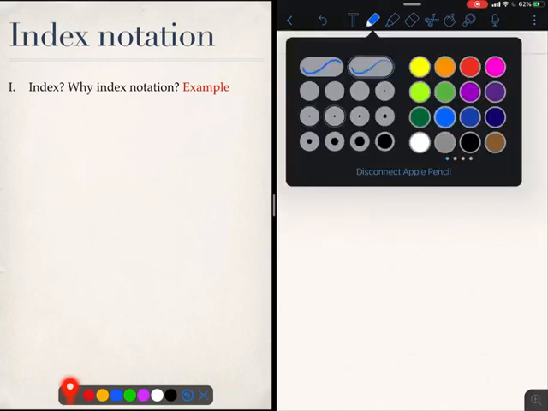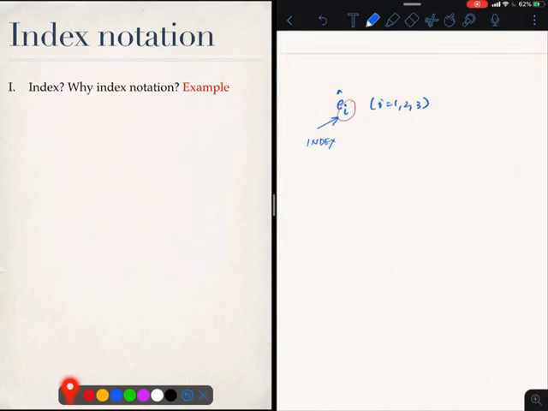Where else have you seen an index? Well, when you are doing matrix algebra, you used to write the components of some matrix as Aij. These are indices. When you wrote vectors in matrix algebra, you wrote something like this. That is an index. So these are all examples of indices.